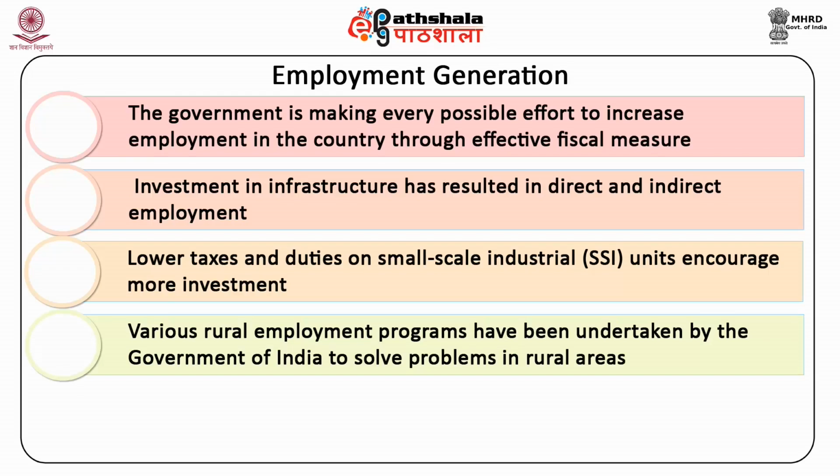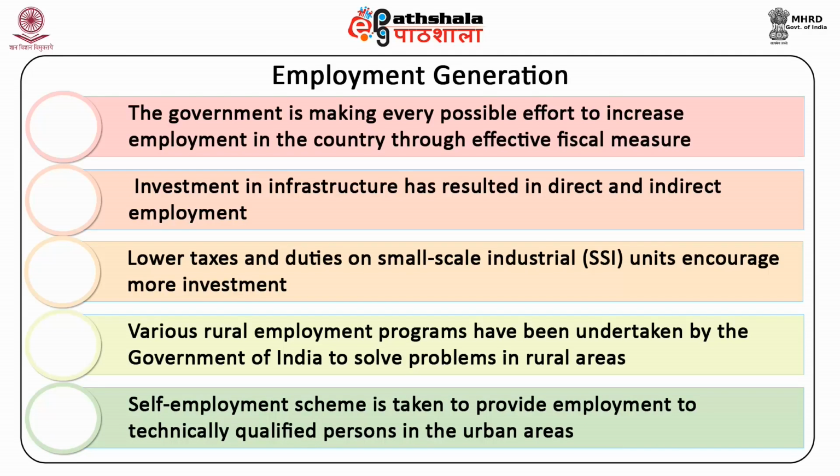Various rural employment programs have been undertaken by the Government of India to solve problems in rural areas. Similarly, self-employment schemes provide employment to technically qualified persons in urban areas.